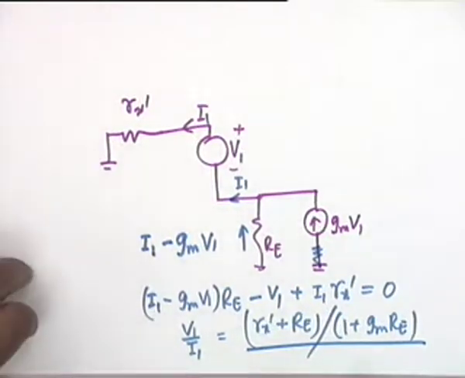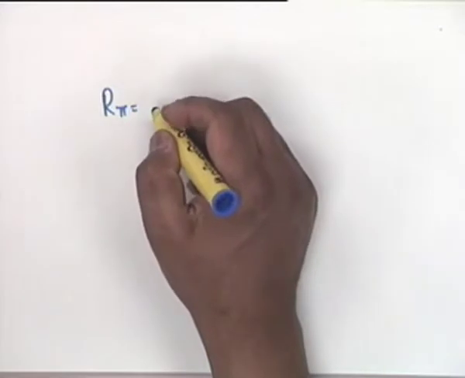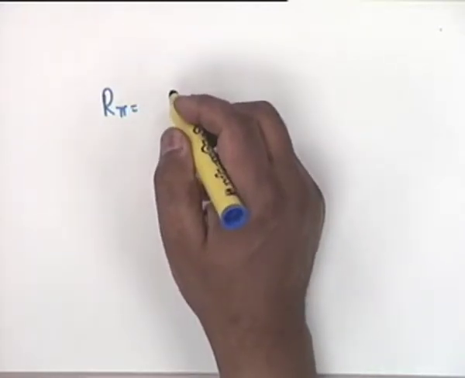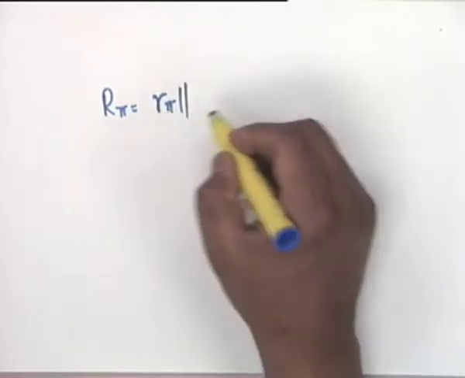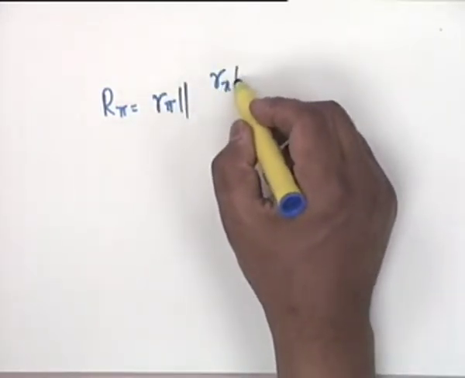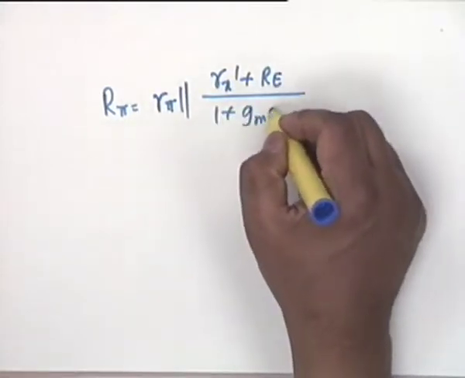Alright. So, my capital R pi is now simply small r pi parallel Rx prime plus Re divided by 1 plus Gm Re.